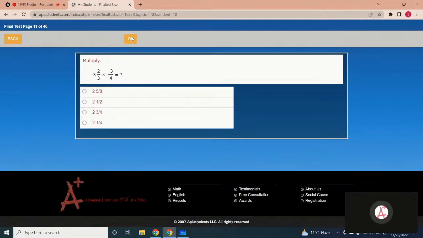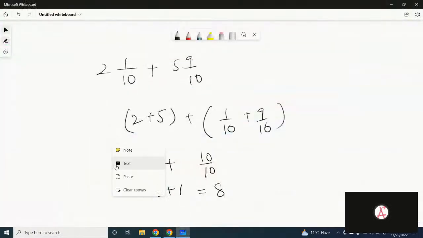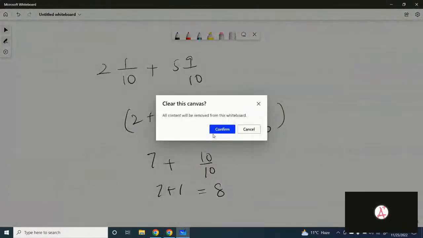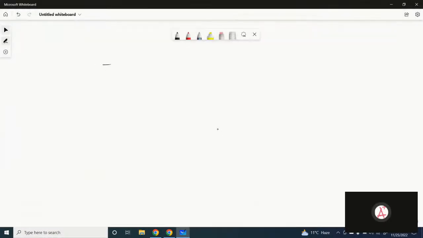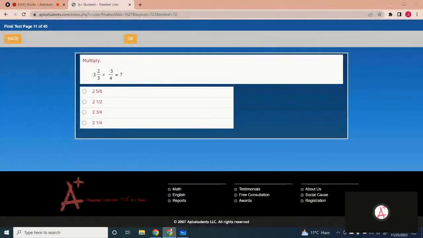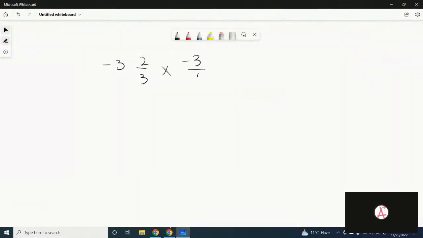Okay, the next one is negative 3 whole 2 over 3 times negative 3 over 4. Okay, so convert this one into improper fraction. 3 times 3 is 9 and 9 plus 2 is 11. Negative 11 over 3 times negative 3 over 4.